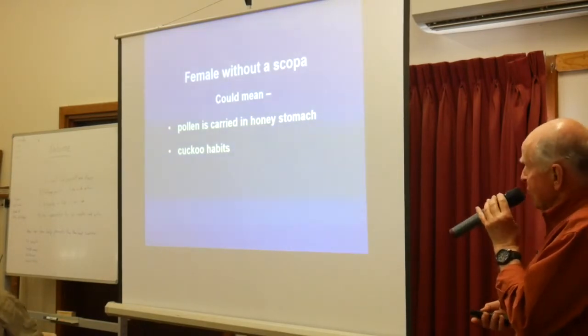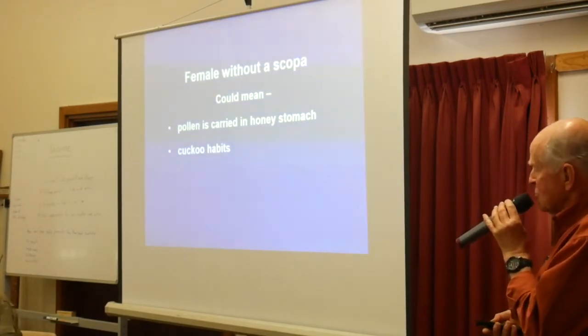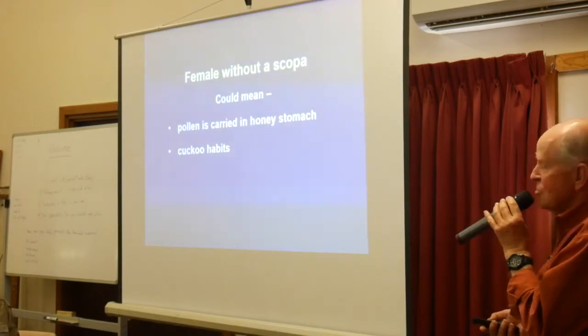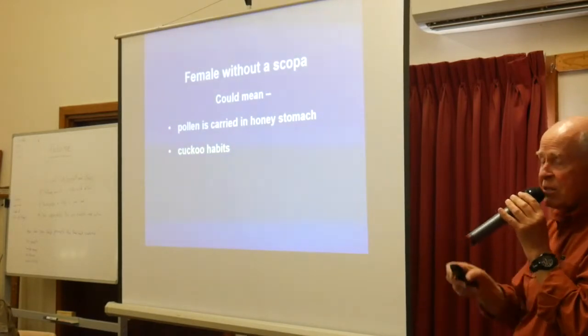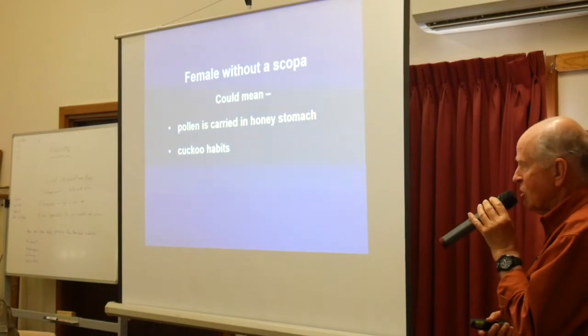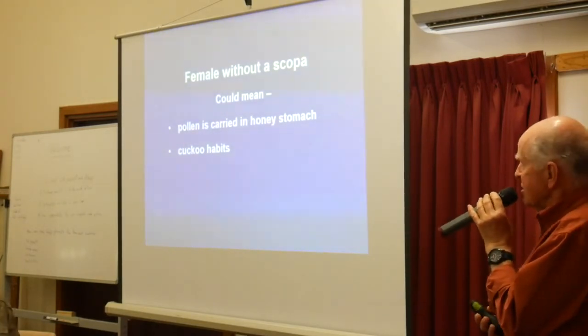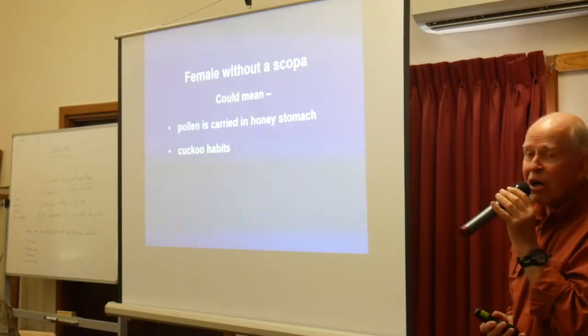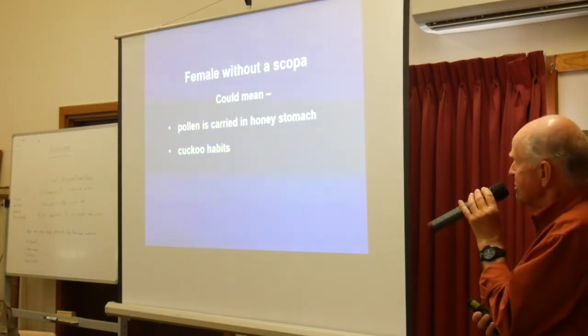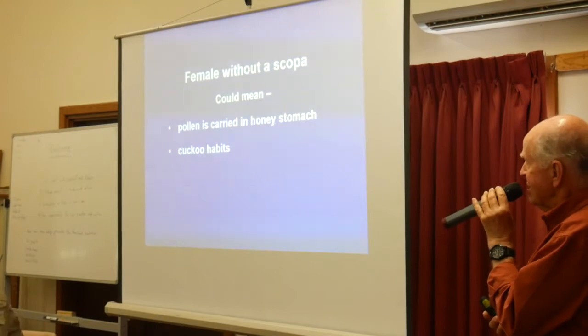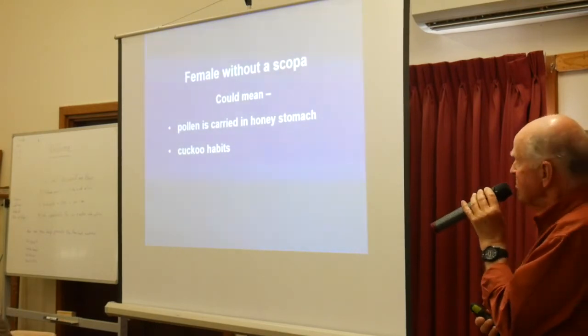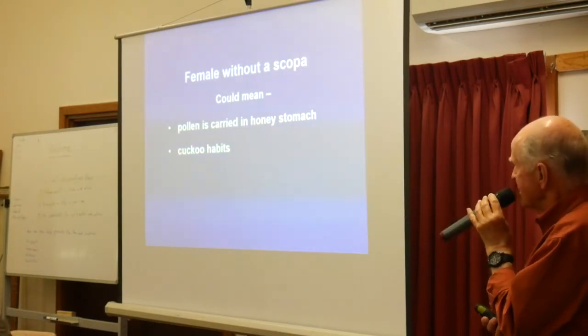Or it could mean, if that doesn't have an extra pollen load, that it is a cuckoo bee. And I had some cuckoo bees in the box that has circulated now. Instead of making their own nest, they find the nest of a host and they break into it, or just enter it if they can, and they lay their eggs in that nest, and their larvae take over the nest.